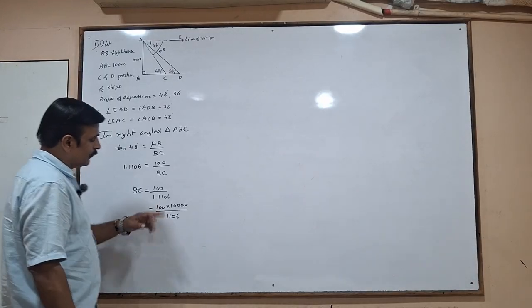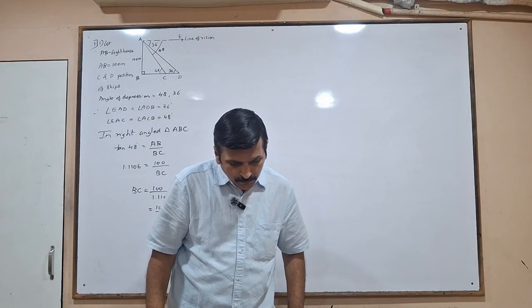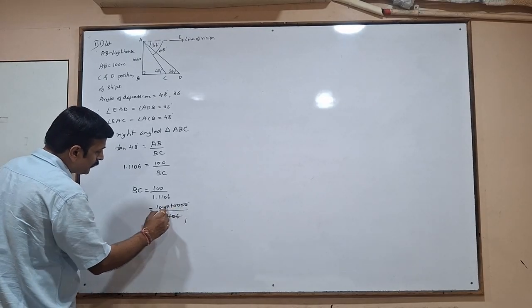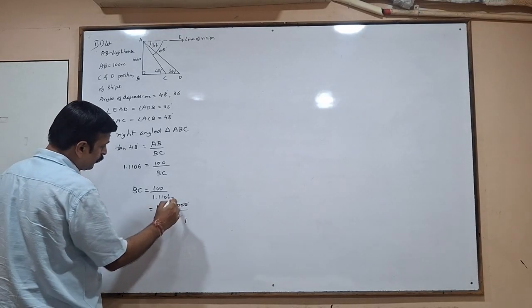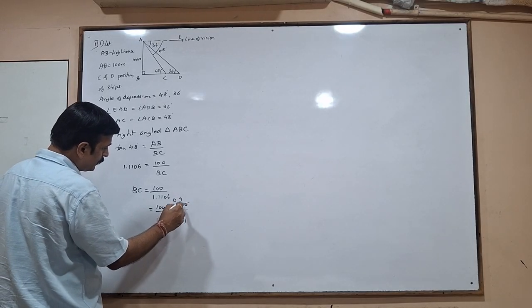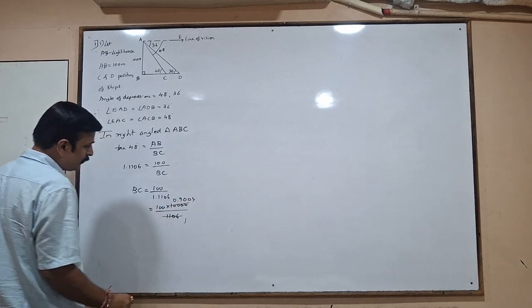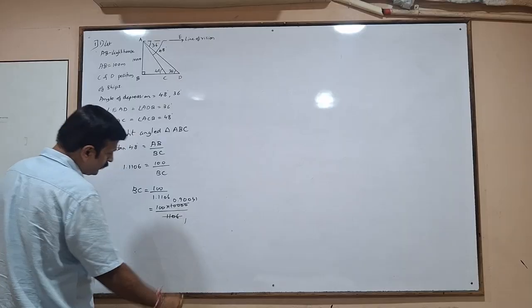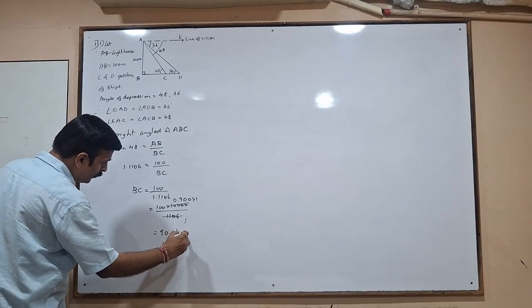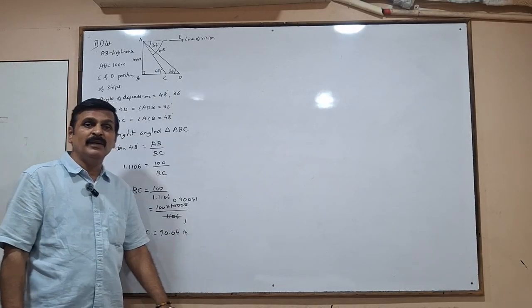So when I divide this, the answer will be 90.04 meter. We got this as BC.